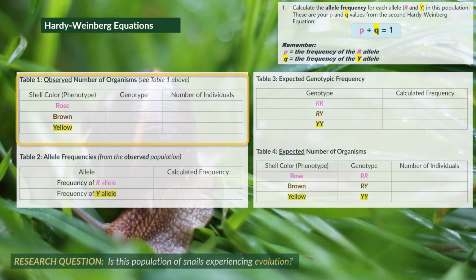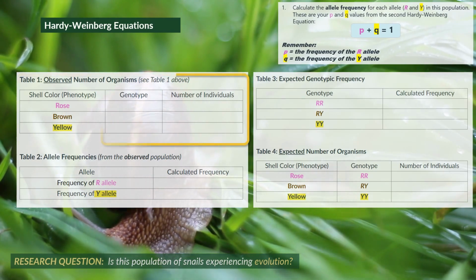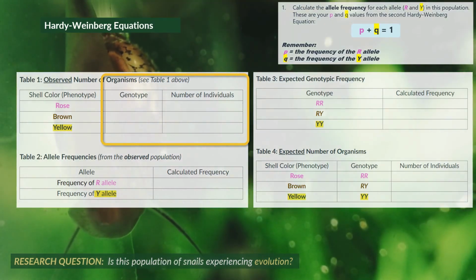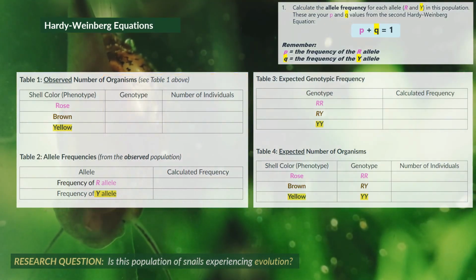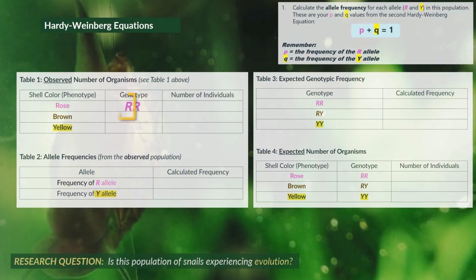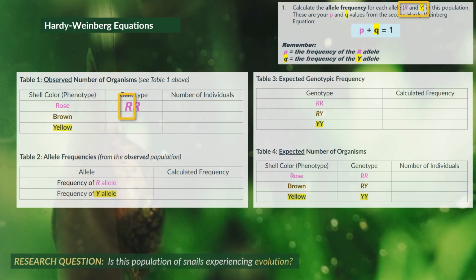The information that you were provided previously were the number of individuals with each phenotype and ergo genotype, right? So RR, for example, is a genotype, but R by itself is the allele, okay? So we're trying to calculate the frequencies of each allele. So just the frequency of R and the frequency of Y, right?